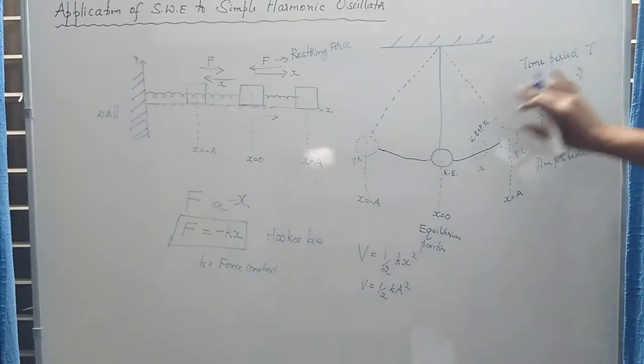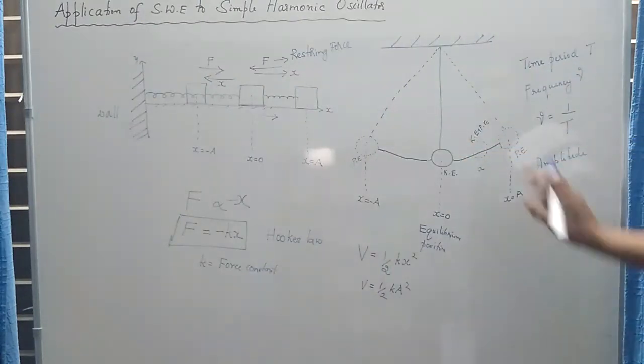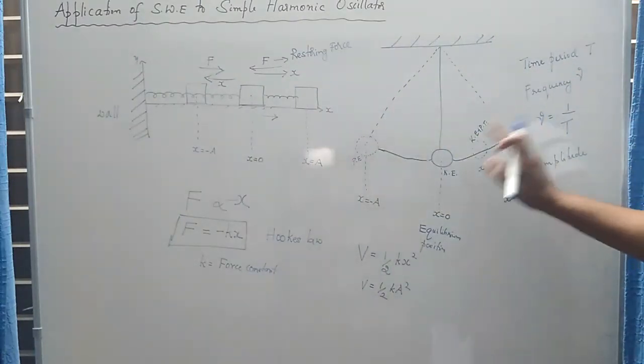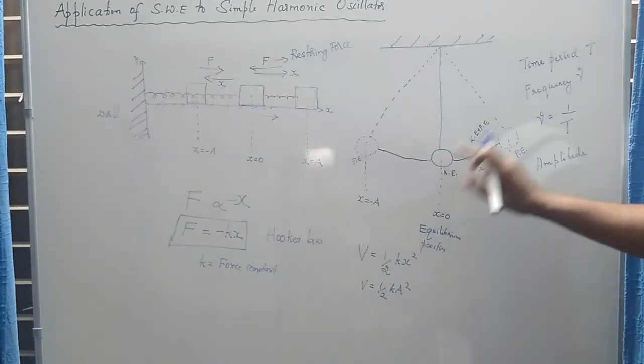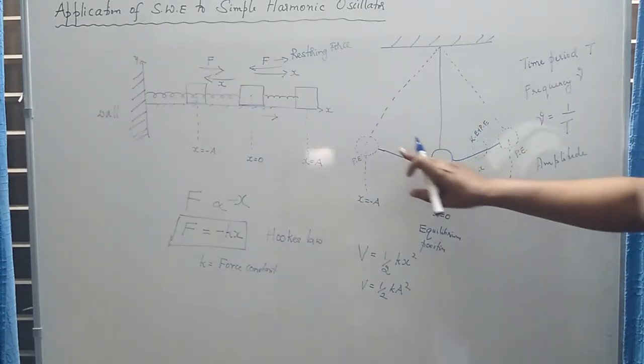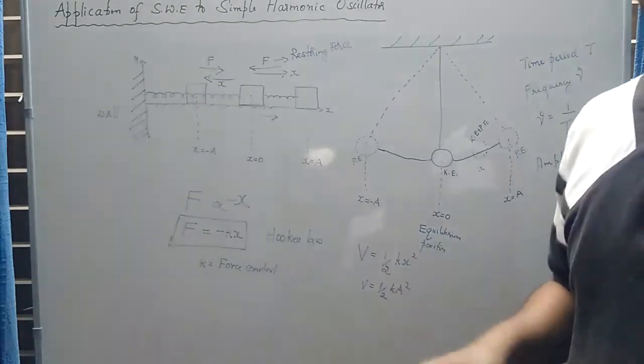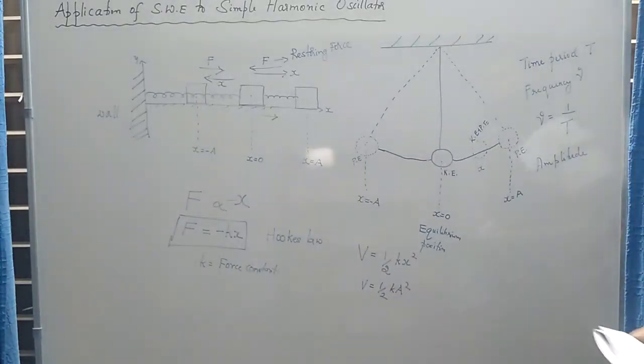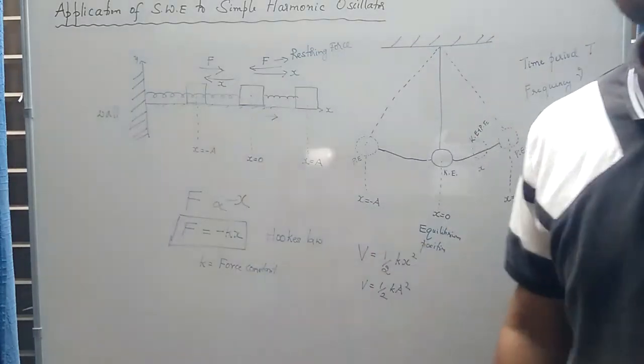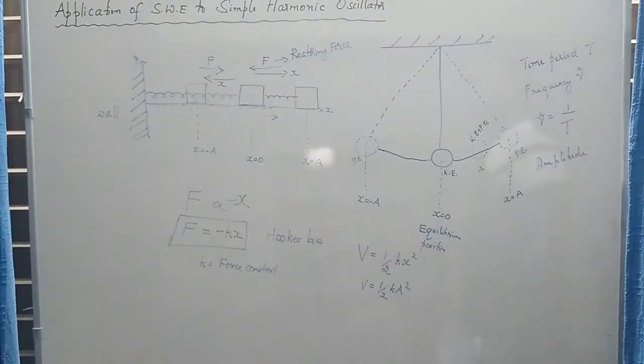So again this motion continues to and fro. So here the potential energy is maximum, here the kinetic energy is maximum, all the energy is in the form of kinetic energy, and at all other intermediate positions, total energy consists of both kinetic energy as well as potential energy. Okay, this is some simple physics about simple harmonic motion.